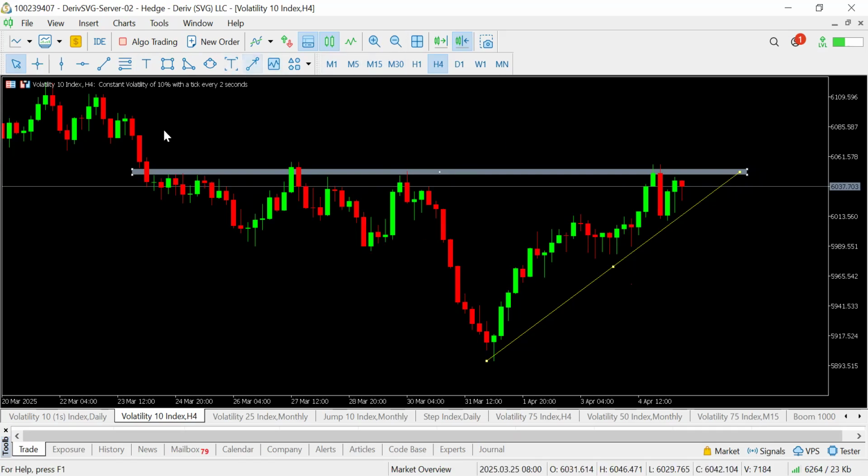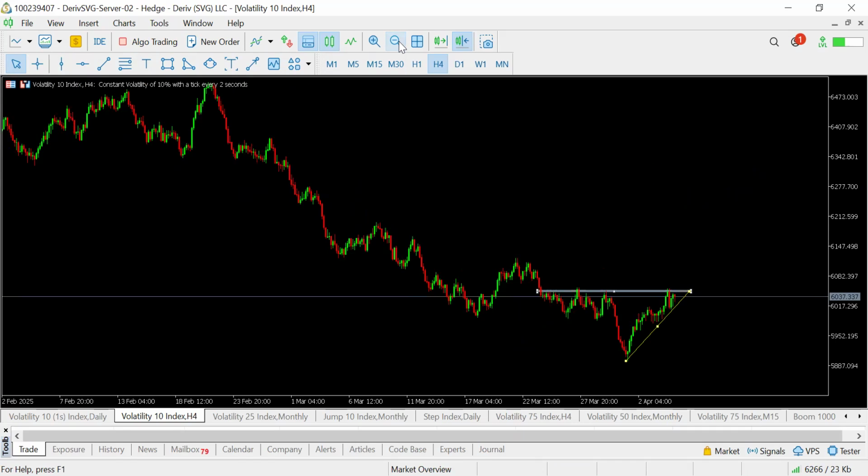Let's zoom this in. You would have seen that it is in an uptrend. Why do I say that? Because if you had drawn this trend line, you would have seen that the trend line has been broken, or rather, the structure of the market hasn't changed.